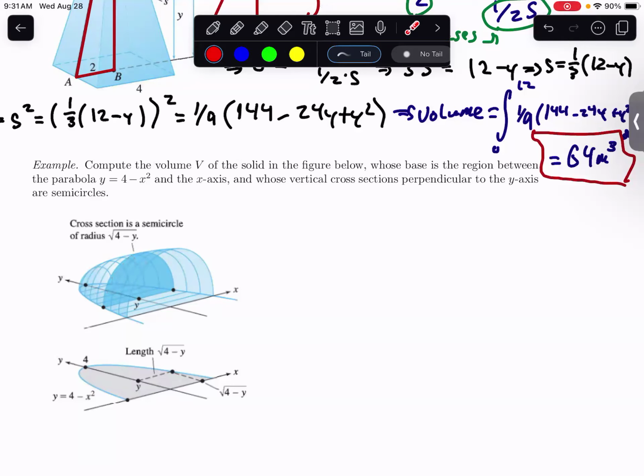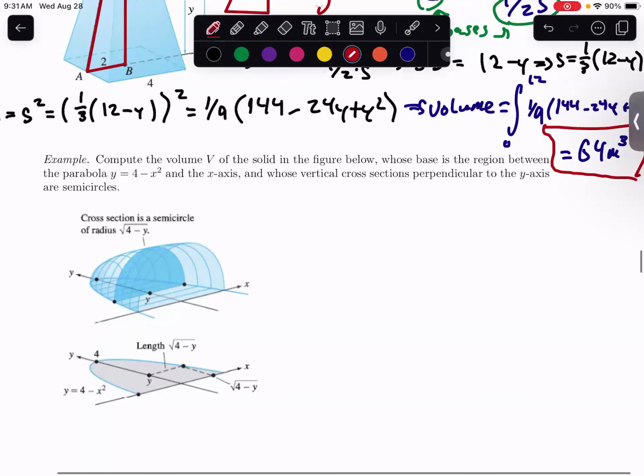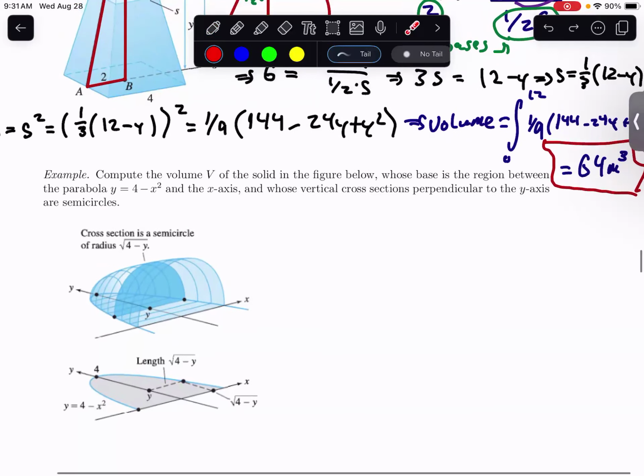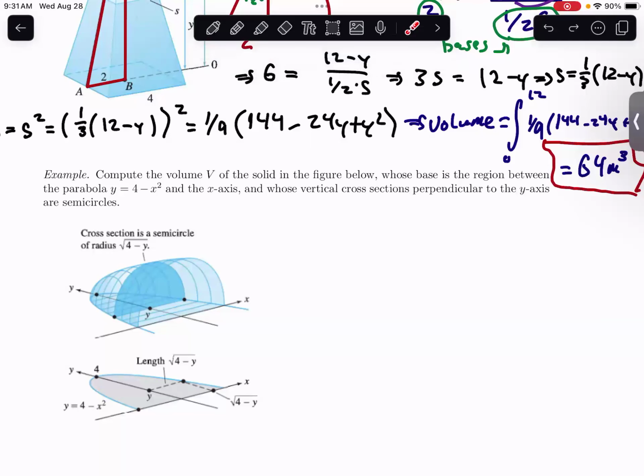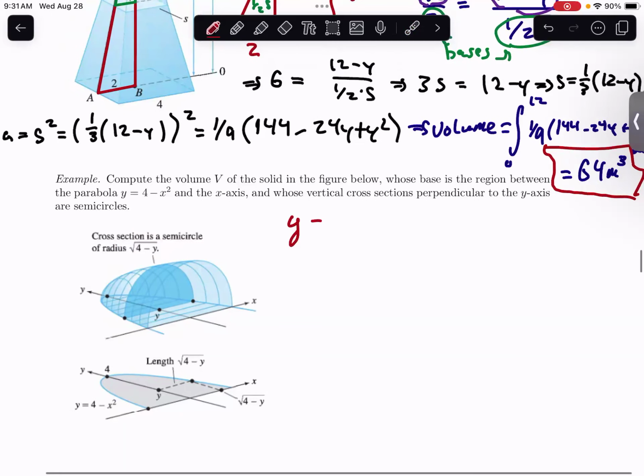And so how we would go about doing that, I'm going to write out some derivations. Pretty much everything is spoiled by the picture already, but it's worth explaining what's going on. Where they're getting this square root of 4 minus y from is, we're given in the beginning that y is equal to 4 minus x squared.